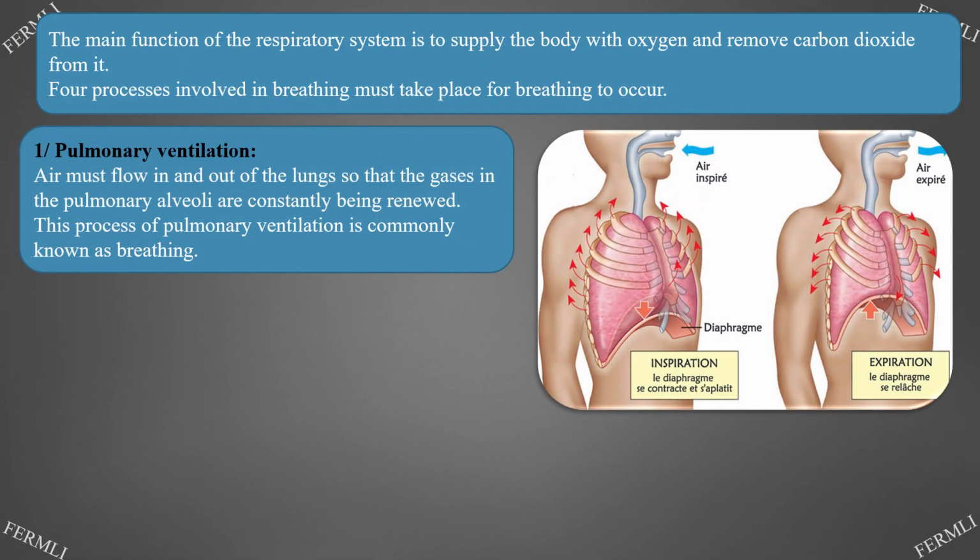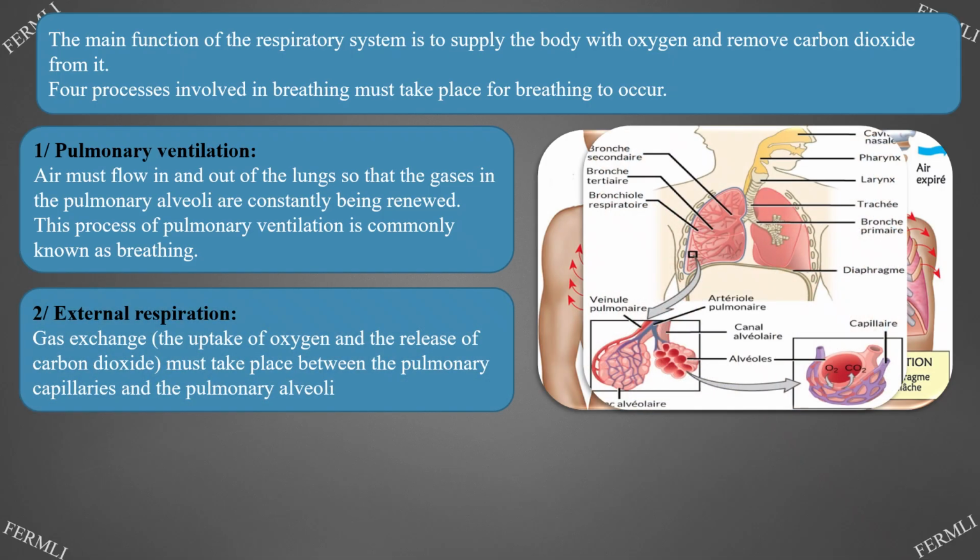Air must flow in and out of the lungs so that the gases in the pulmonary alveoli are constantly being renewed. This process of pulmonary ventilation is commonly known as breathing. 2. External respiration. Gas exchange, the uptake of oxygen and the release of carbon dioxide, must take place between the pulmonary capillaries and the pulmonary alveoli.